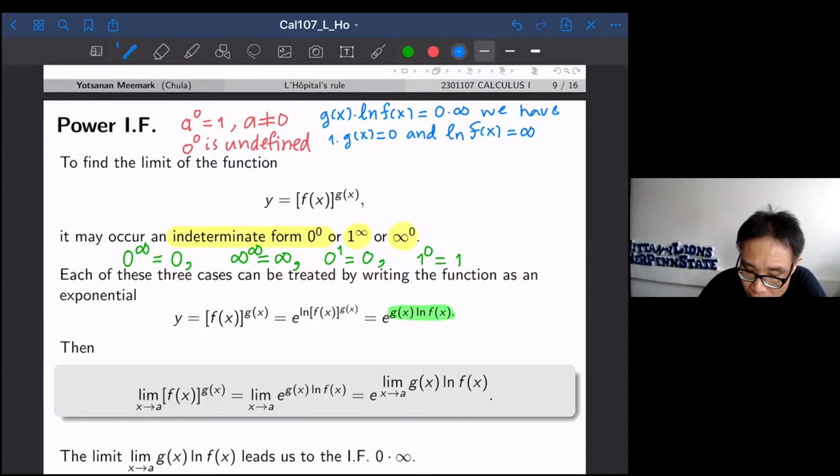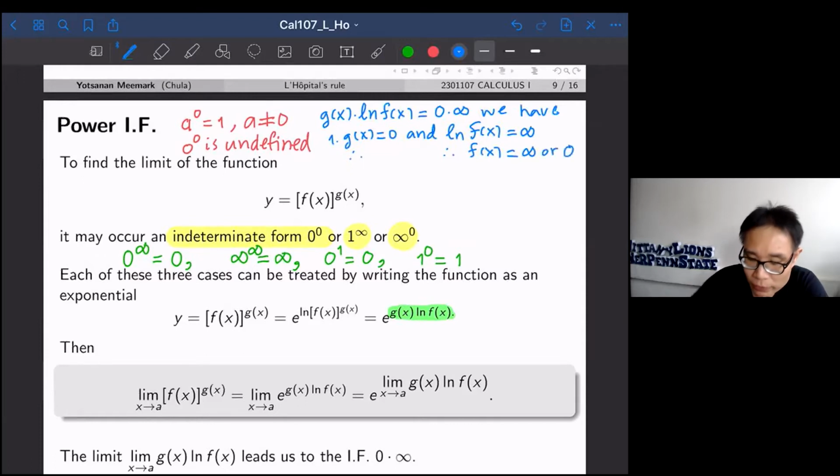So in this case, you would conclude that f(x) must be infinity, and don't forget that you can have f(x) equal to 0 also.